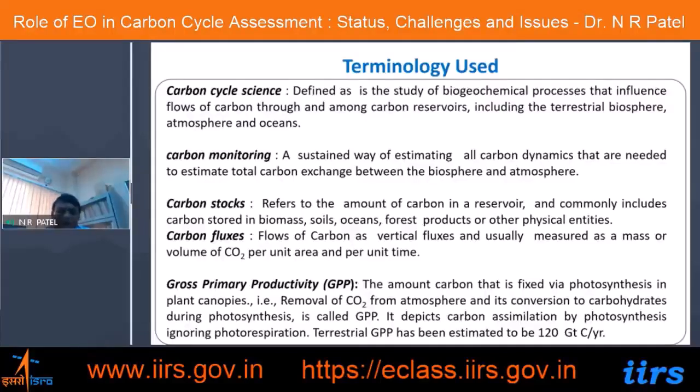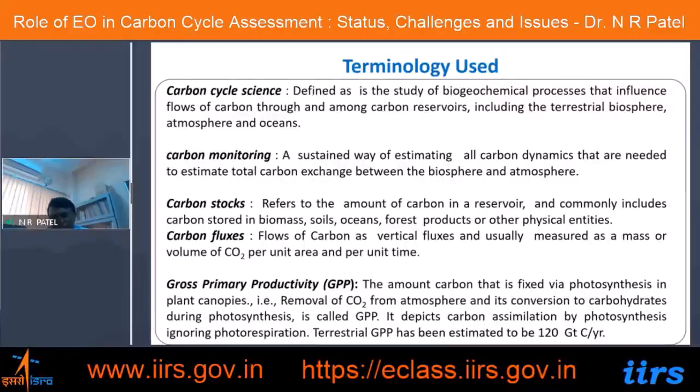This is carbon accounting. This is one form of carbon accounting, estimating how much carbon is exchanged between the biosphere and atmosphere through net ecosystem productivity or net biome productivity. Because net ecosystem productivity is nothing but the exchange of carbon that takes place between the biosphere and the atmosphere.